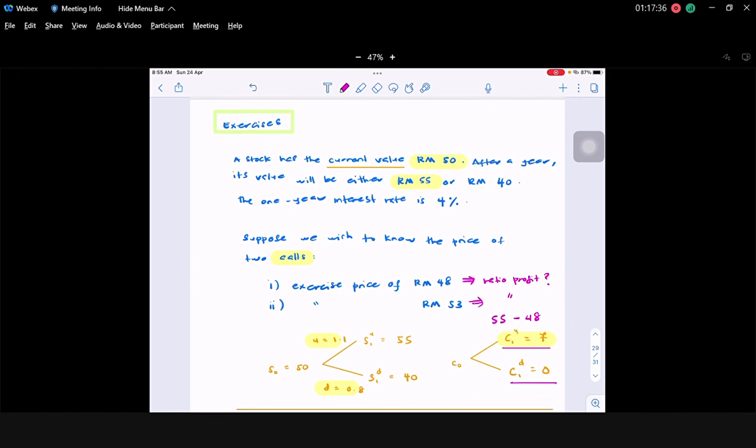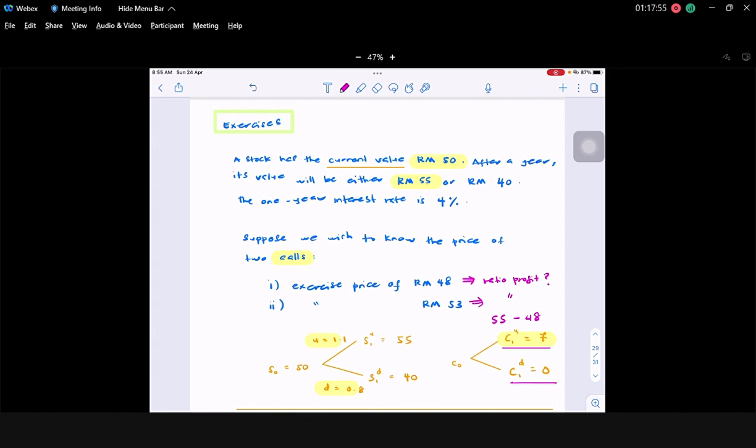Sama ada kita nak go to stock exchange, kita nak buy 50 ringgit stock sekarang, and after 1 year, okay, dia akan jadi 55 ringgit. So kita akan dapat profit 5 ringgit dekat situ.